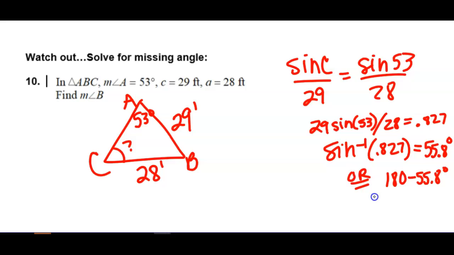And I got 124.2. Now we have to decide if we can throw that away. Can this angle be 124.2? Well, it's across from a longer side, so it's possible. And 124.2 and 53 doesn't add up to more than 180.